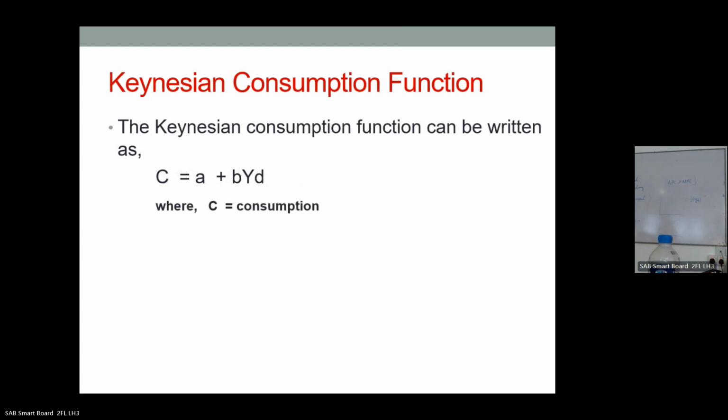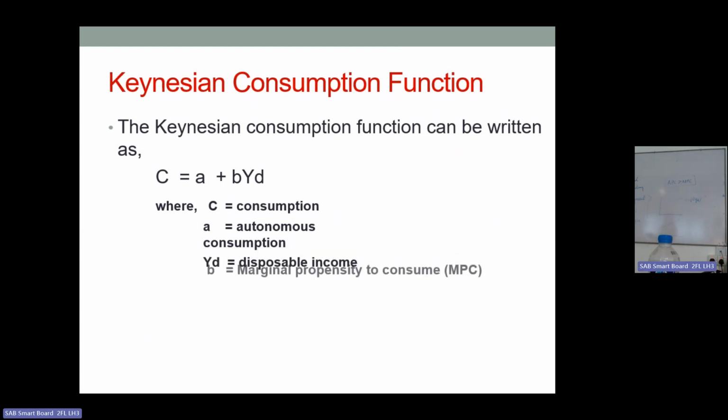It's called autonomous consumption. It is the intercept of the consumption function. And Yd means disposable income. We take Y, that is income.